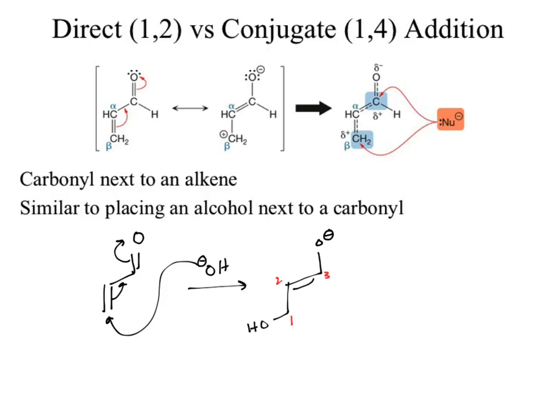It's saying I also need to add at the 4 position. Well, what do we follow our reaction up with? An acid. This was a horrible example, by the way, but it gets at the idea. What did we add? Well, I added to the 1, 2, 3, 4 position, and I've done a 1,4 conjugate addition.